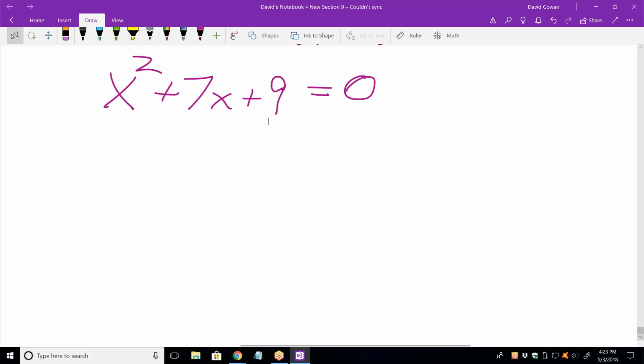In other words, you could try x plus 3, x plus 3. That doesn't give you the correct middle term. And you could try all you want, you're not going to be able to factor. So, when you find a quadratic that you cannot factor, you use the quadratic formula, which is what you were quoting.